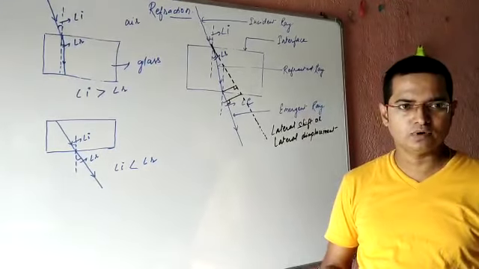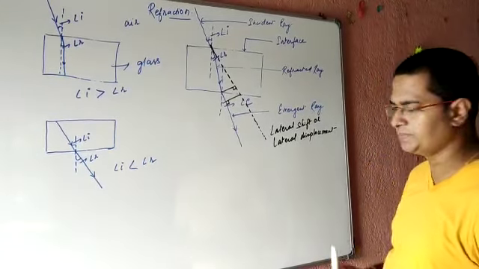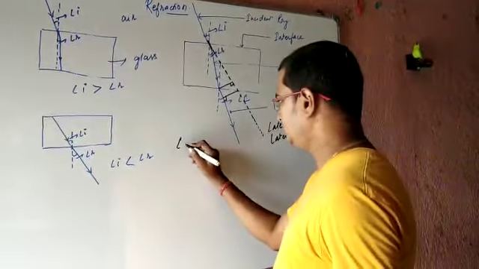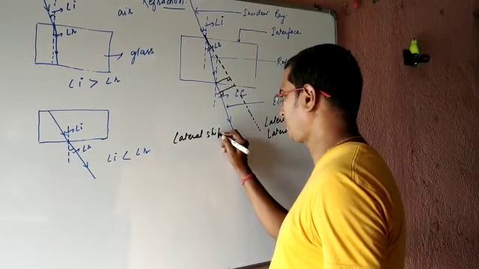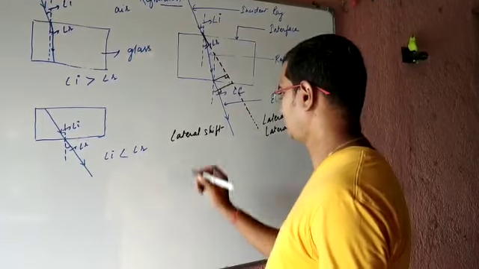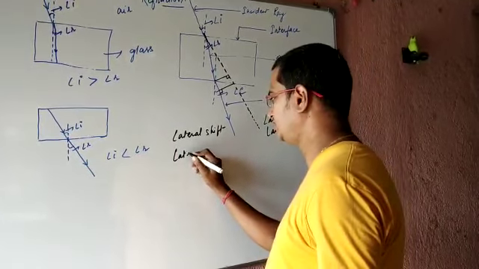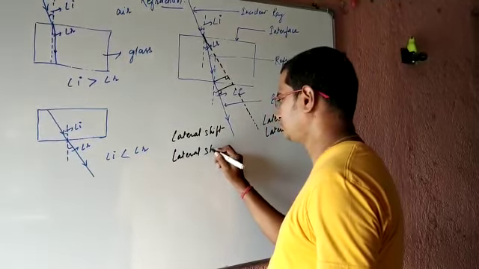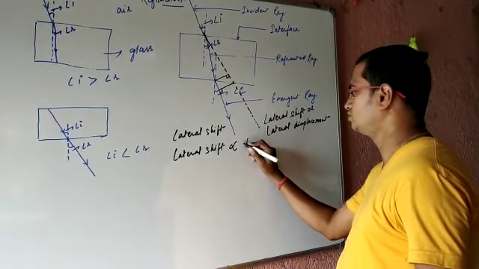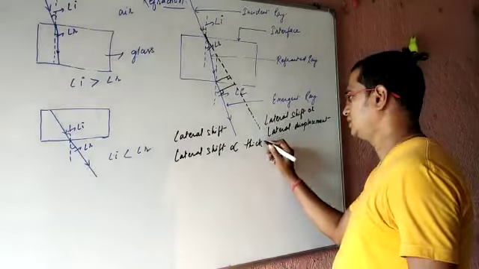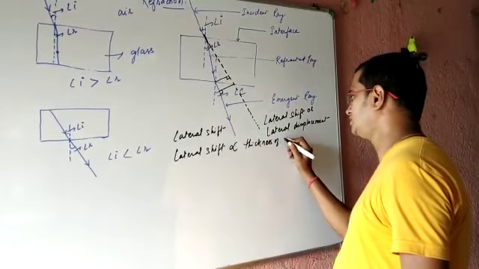If someone asks you what are the factors on which lateral shift depends, so first factor is: lateral shift is directly proportional to thickness of glass slab.